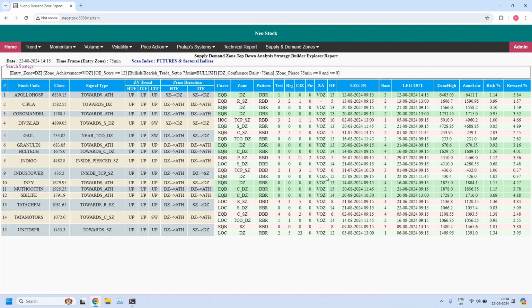Let's filter. So the list has come down to 15 stocks. From 26 the list has come down to 15 stocks. And these 15 stocks are supporting a bullish trade setup for weekly income trade, and also they have a 75 minutes and a daily time frame demand zone confluence.